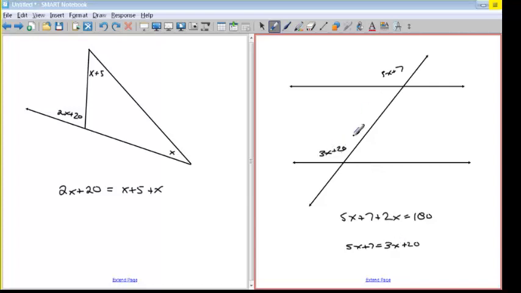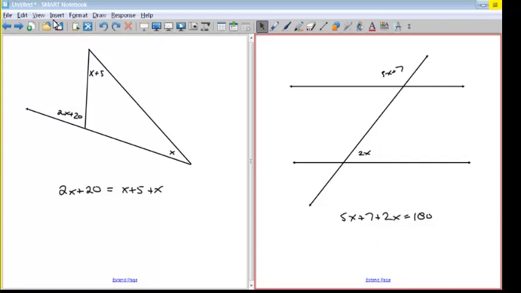If one is a big angle and one is a small angle, the rule you use is this plus this equals 180. In all cases, you come up with the algebraic expression, solve for x, and plug back in to get your results. There are a fair number of those kinds of problems in the test.